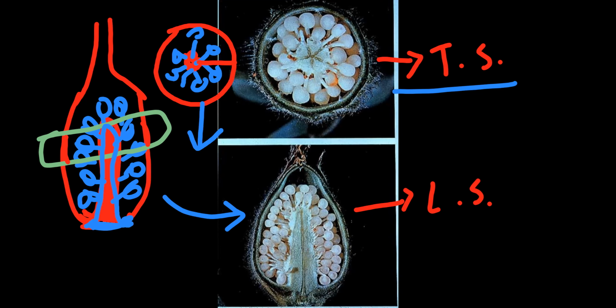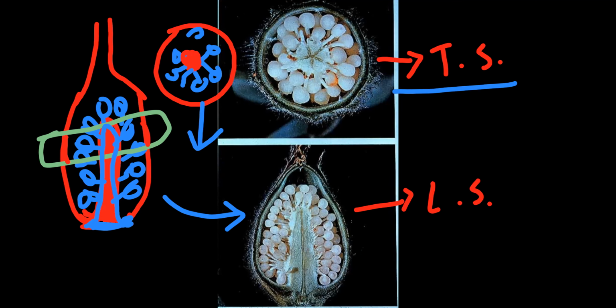Is there attachment here? No. So just at the center the placenta is formed, which is not attached to the wall of the ovary or any part of the ovary. That's why we call it central, like axile, but free central. That makes the difference between axile placentation and this one, free central placentation.